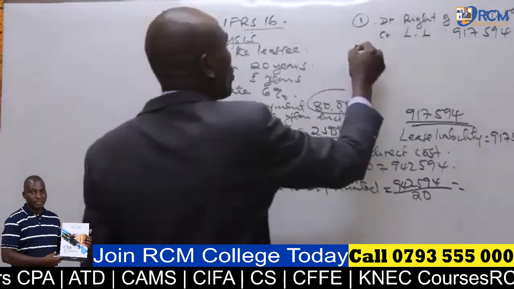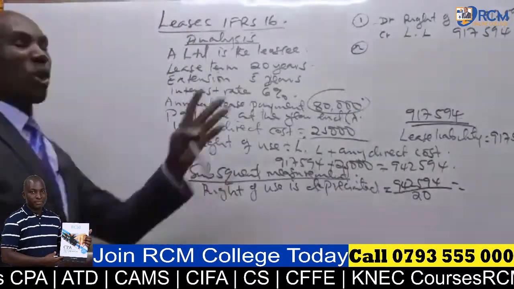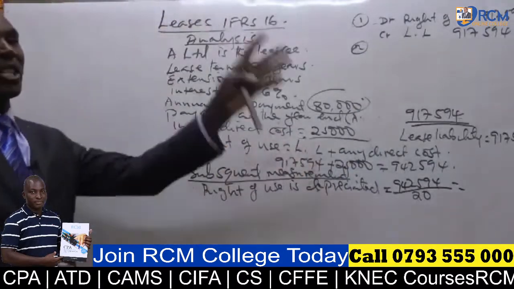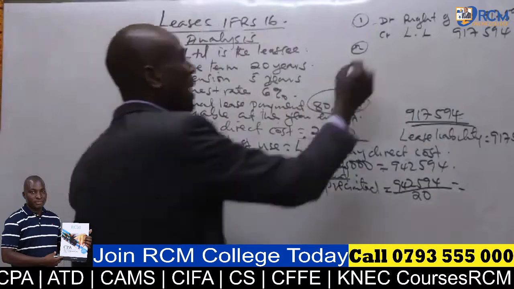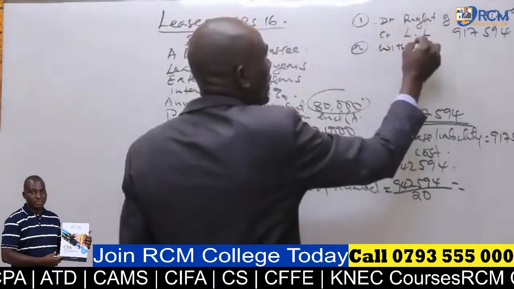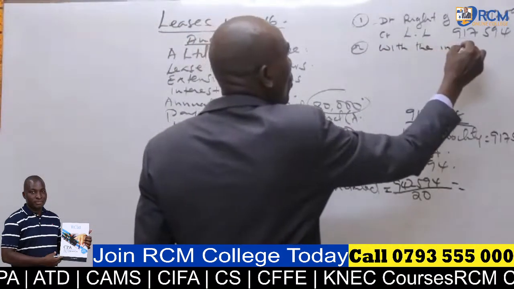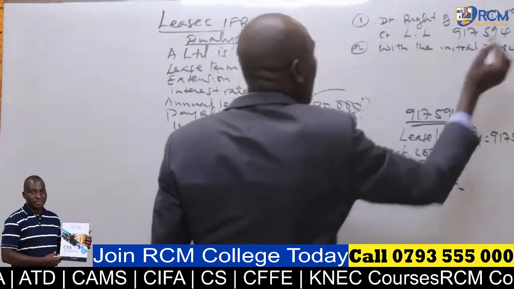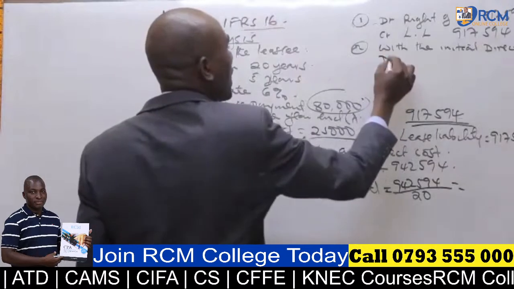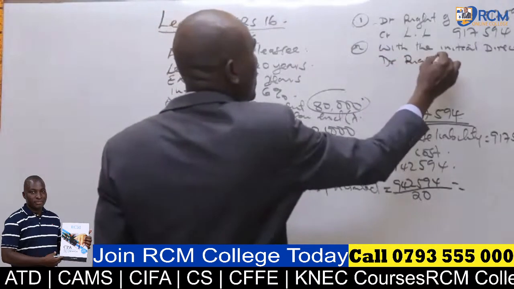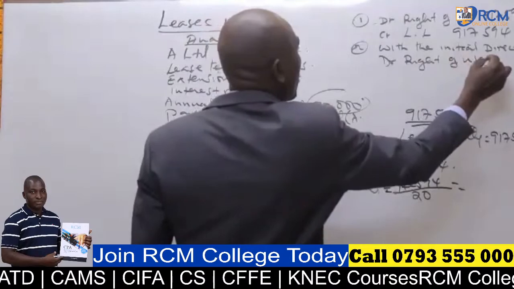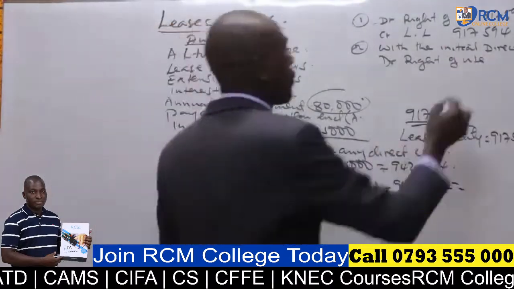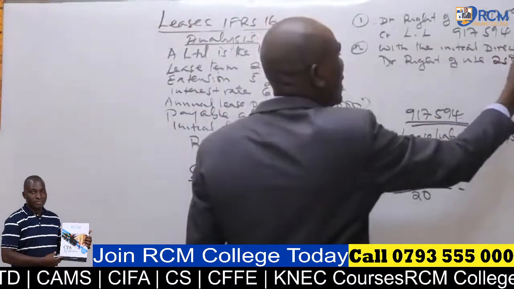Then number two, I have the direct cost, initial direct cost. With the initial direct cost, what am I going to do? I'm going to debit the right of use, which means I will increase the right of use with 25,000.